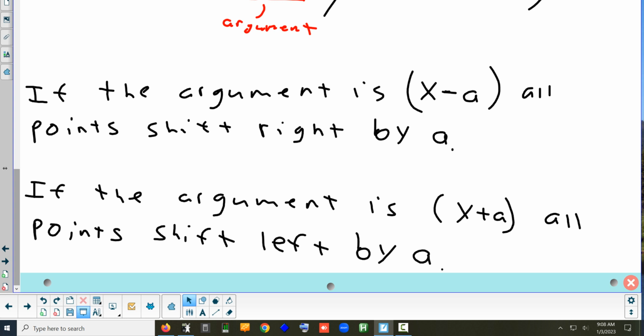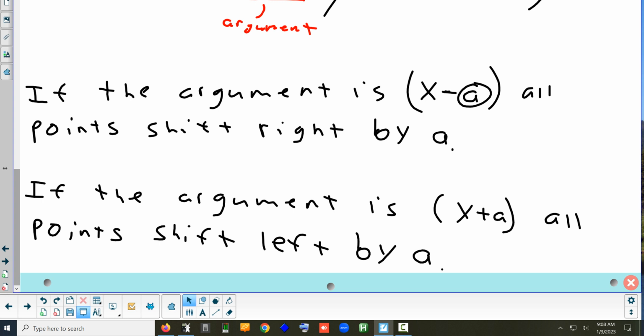Now, how much is it going to shift? Well, it depends on what this number is. When we've done shifting left and right before, we've just shifted by any number we wanted. And you can do that here. I mean, if you want to shift it by 10.6, you could do that.